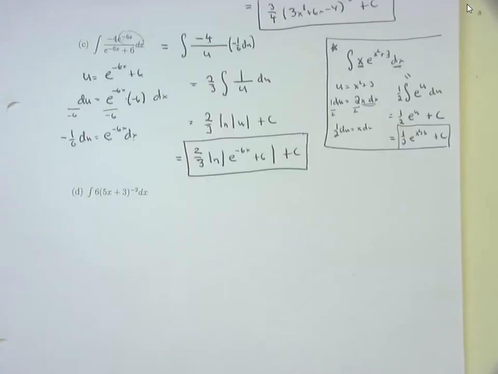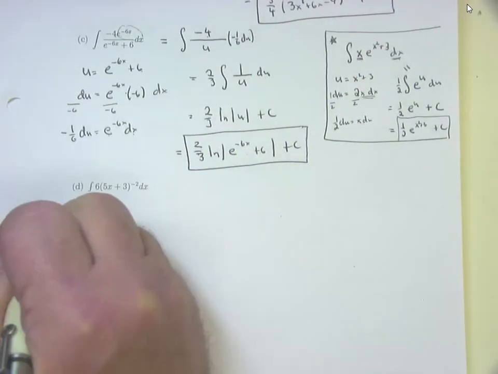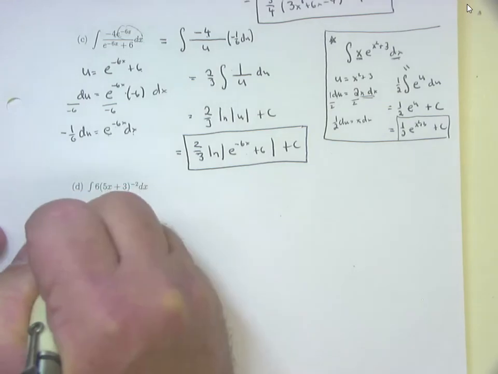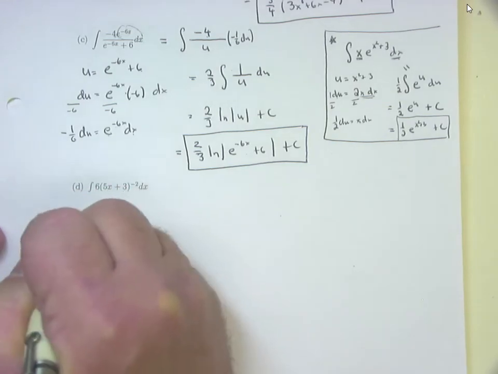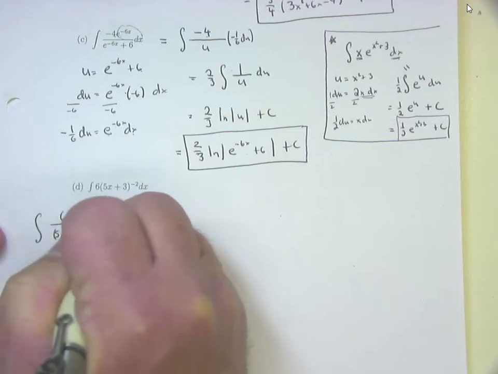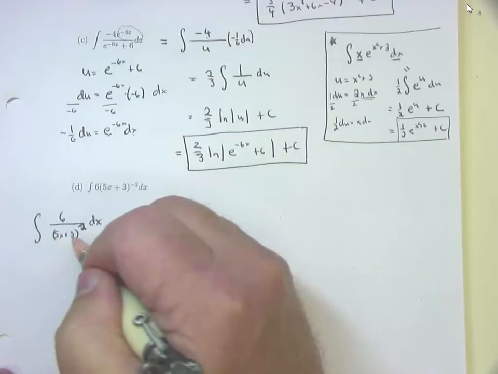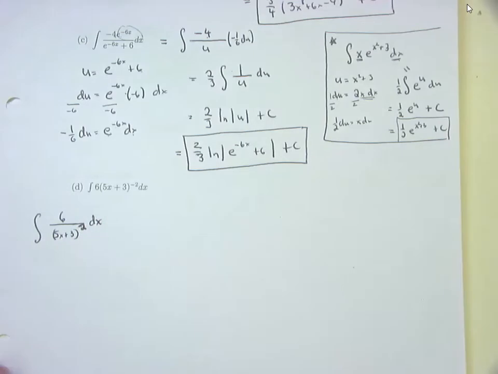Okay? Look at this one here. I just want to show you this one. I want to rewrite it because rarely do they do this to the problem. Usually they do this: the integral of 6 over (5x plus 3) to the negative 2, that becomes a positive 2 on what's on the bottom, dx. Usually they write it as 6 over (5x plus 3) squared dx.